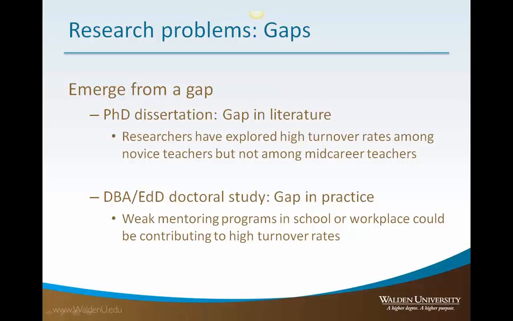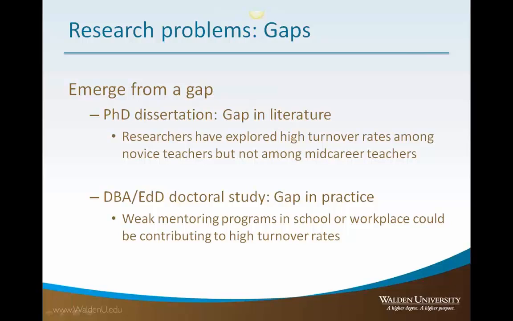And at the doctoral study level, you're looking for a gap in practice, not in the literature so much, but in business practice or in educational practice in classrooms or in schools. For example, weak mentoring programs in the school or workplace could be contributing to high turnover rates. So there are high turnover rates at a given factory or at a given organization or school.